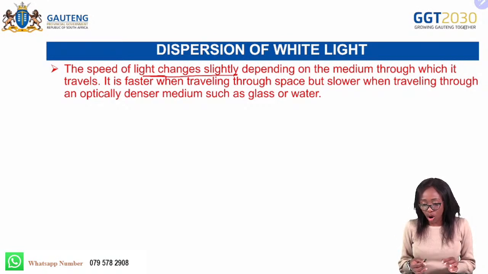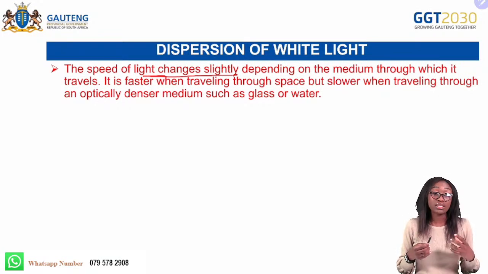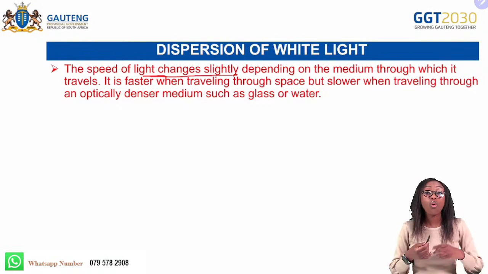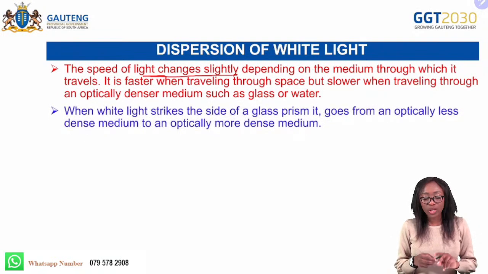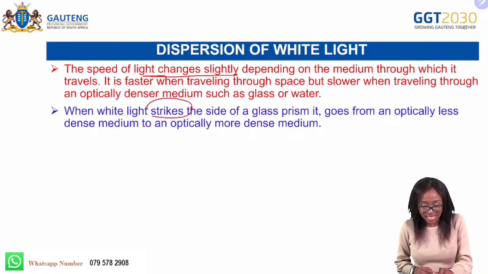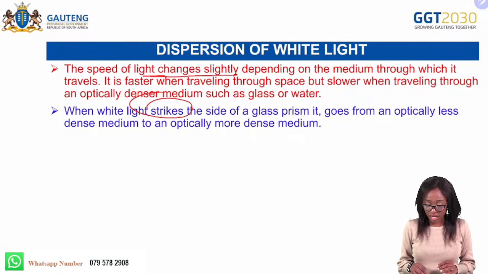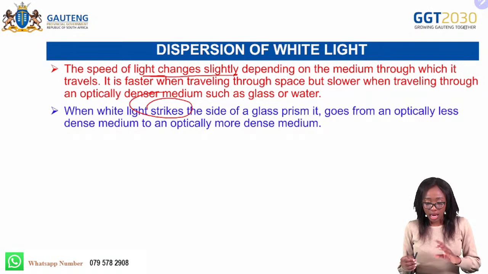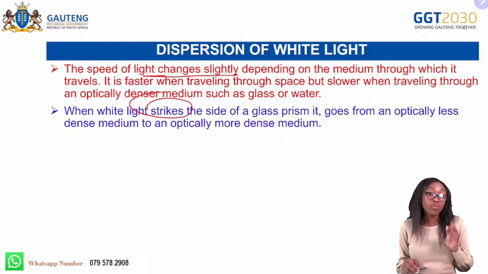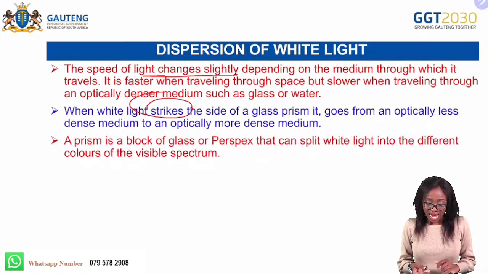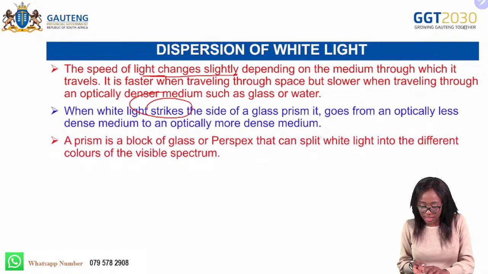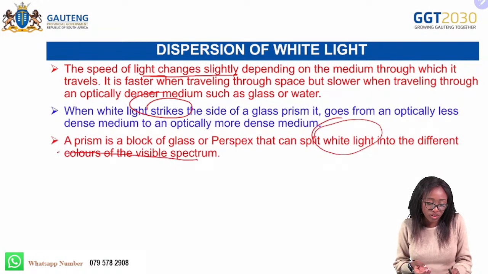But it is slower when it's traveling through an optically denser medium, such as glass or water, such as a glass of water. So when white light strikes the side of a glass prism, it goes from an optically less dense medium, which is the air, to an optically more dense medium, a prism block or perspex, that can split white light into different colors of the visible spectrum.